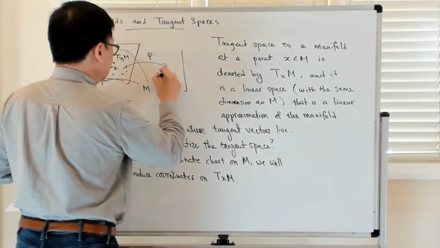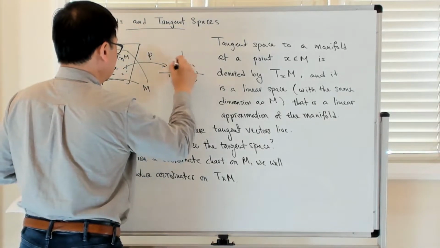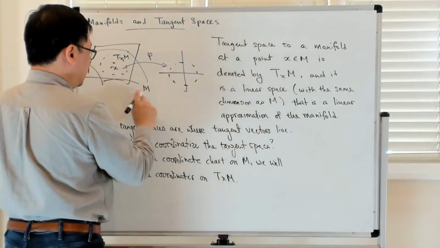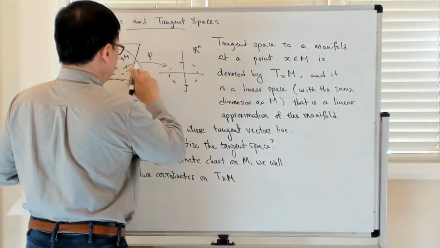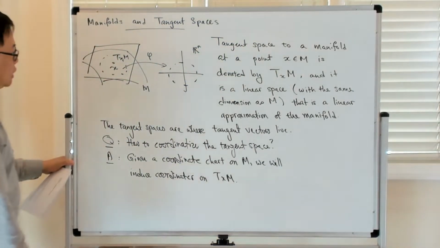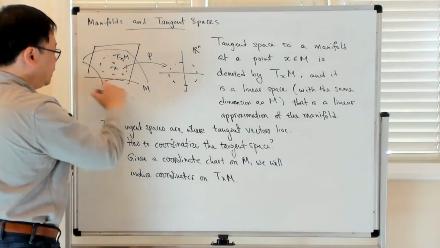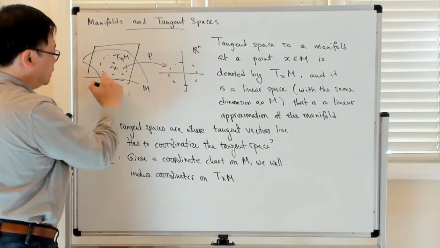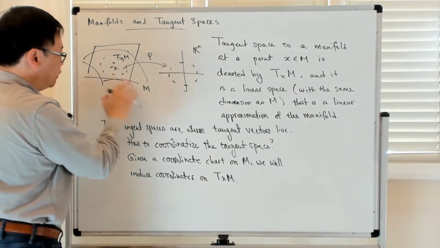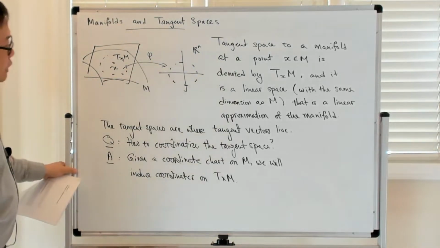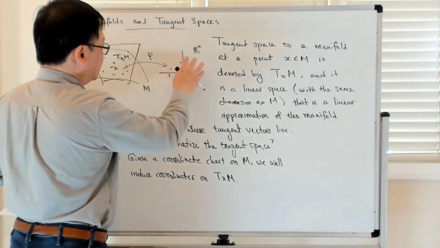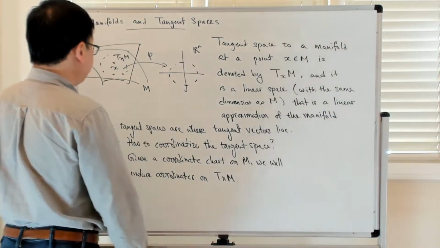Okay, so if this is an n-dimensional space, you then have a local diffeomorphism between this neighborhood of the point X in M and some open set in Rn, right?